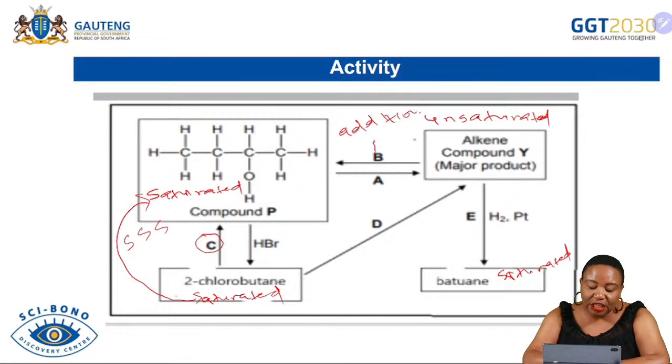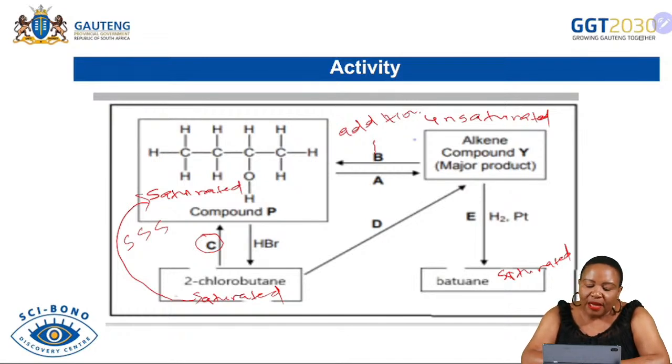Reaction D for us is provided as from 2-chlorobutane, which is saturated, and it goes to alkene compound Y. So for reaction D, you can also identify the type of reaction that the reactants undergo to form that product.